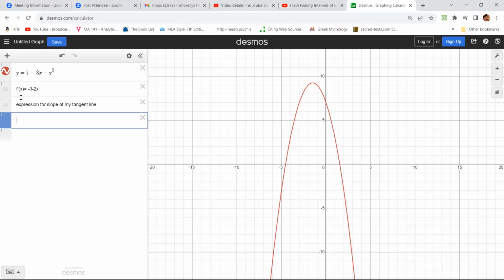Now, if I just have the equation in front of me and I want to find the equation of the tangent line at x equals 1, I'm missing something. I'm missing a little something, aren't I? What am I missing here?